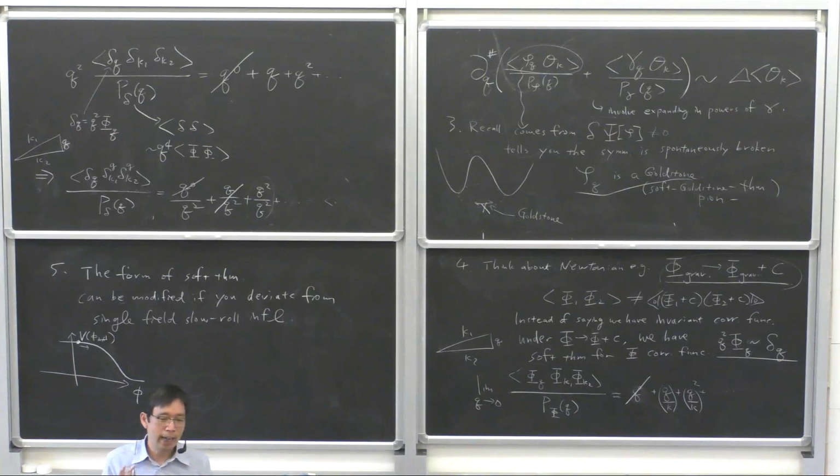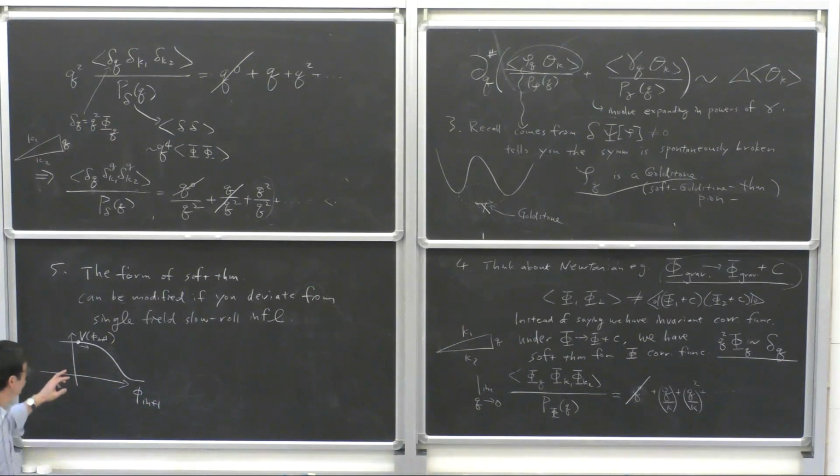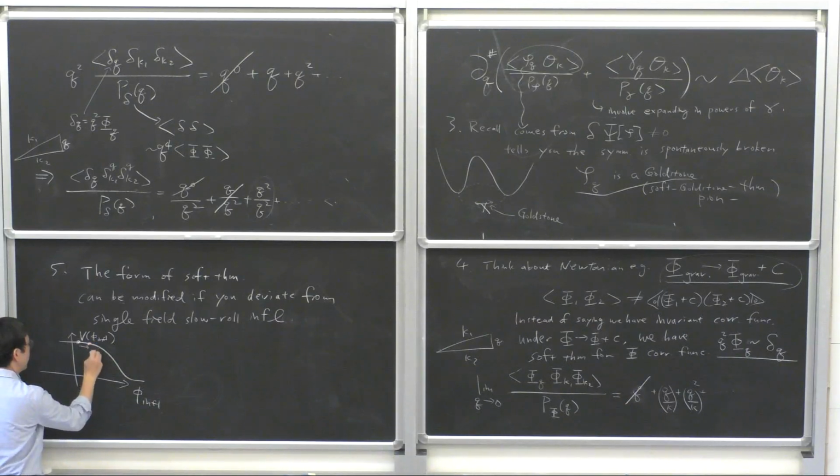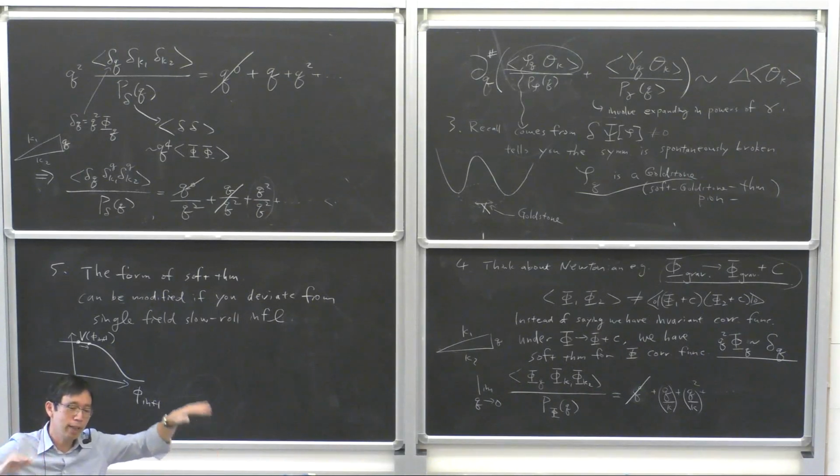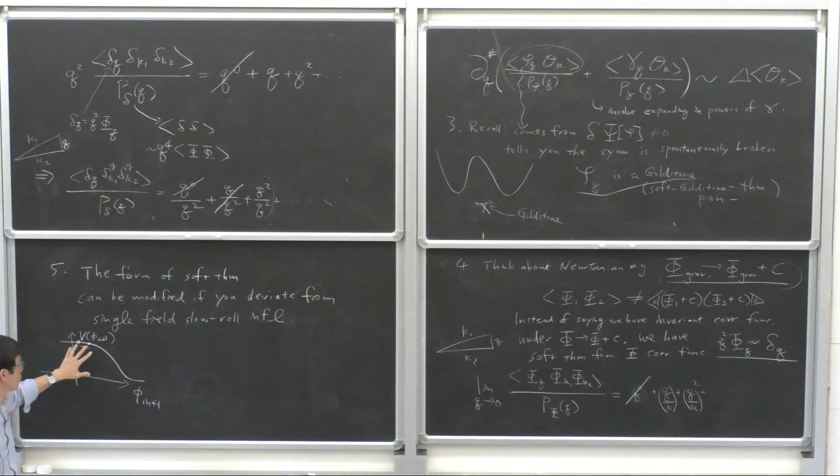And what is the inflaton doing in different parts of the universe? In one part of the universe, the inflaton might be rolling down the hill here. In another part of the universe, the inflaton might be rolling down the hill here. You understand what I'm saying? So they have different rates of progress of rolling down the hill, basically, in different parts of the universe.